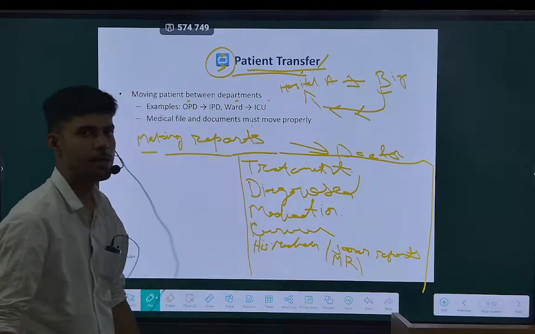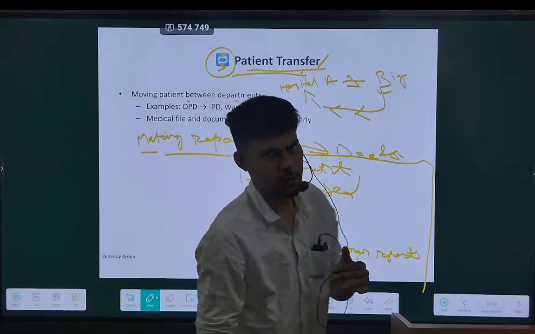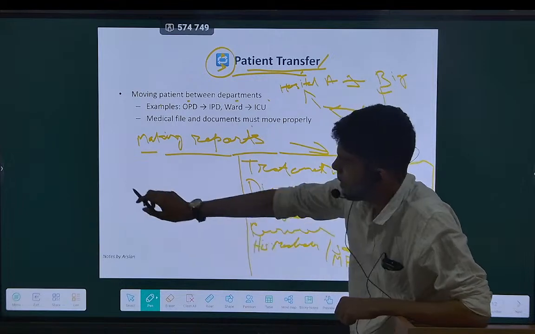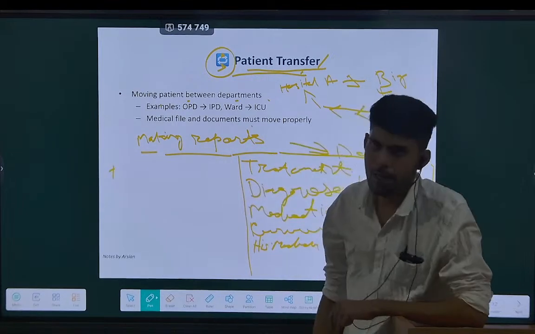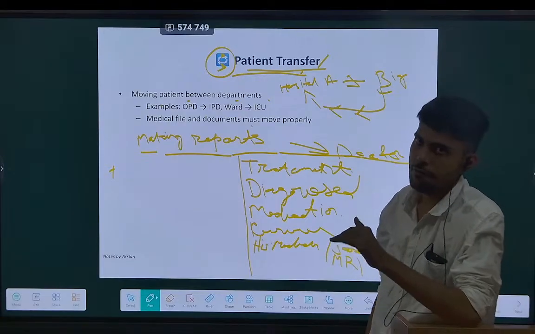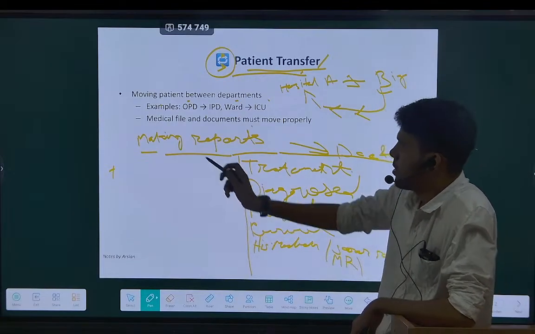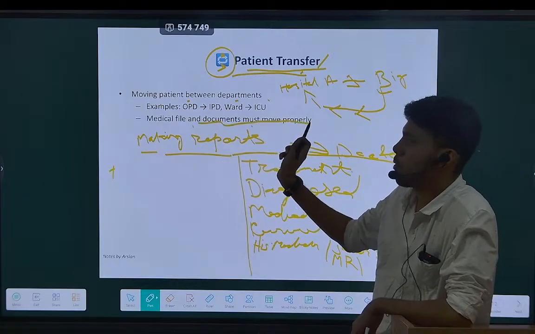So when the patient moves, this process is fast. The people who are at the other department do not have to be late because of your improper work. So the document must move properly.